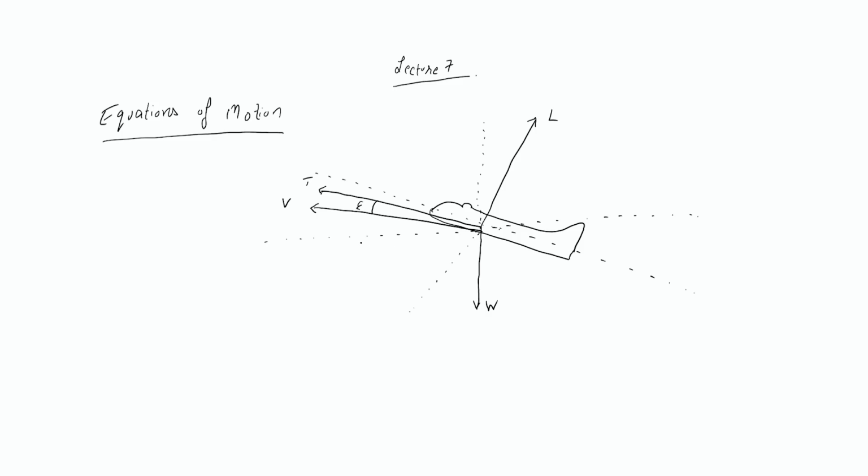The angle of attack here is the angle between the chord line and the velocity. So this is the angle of attack, alpha. Now the drag will be opposite to the velocity, and this is the local horizontal.